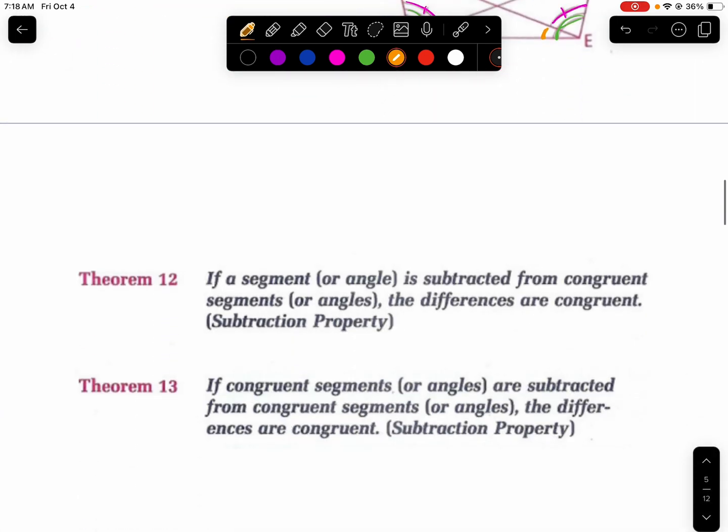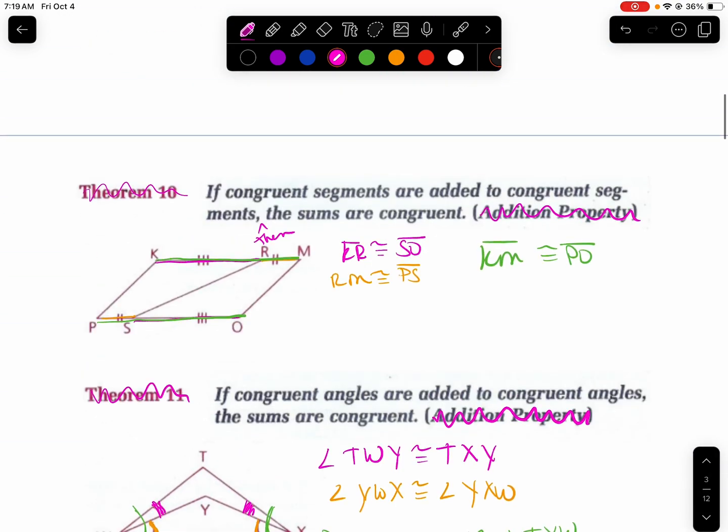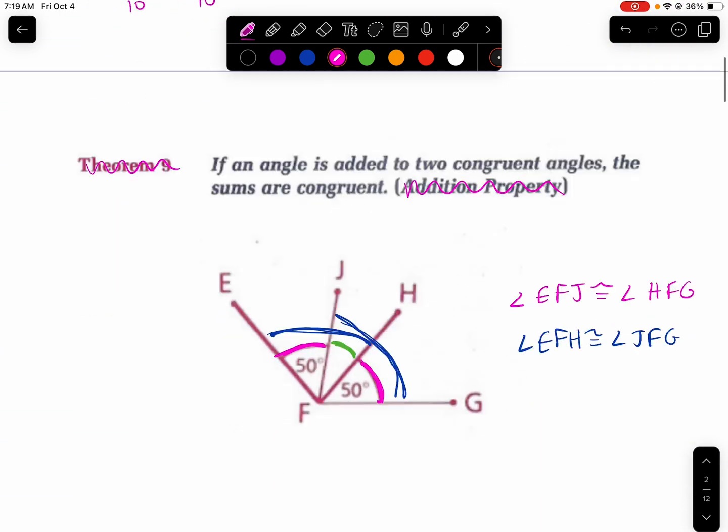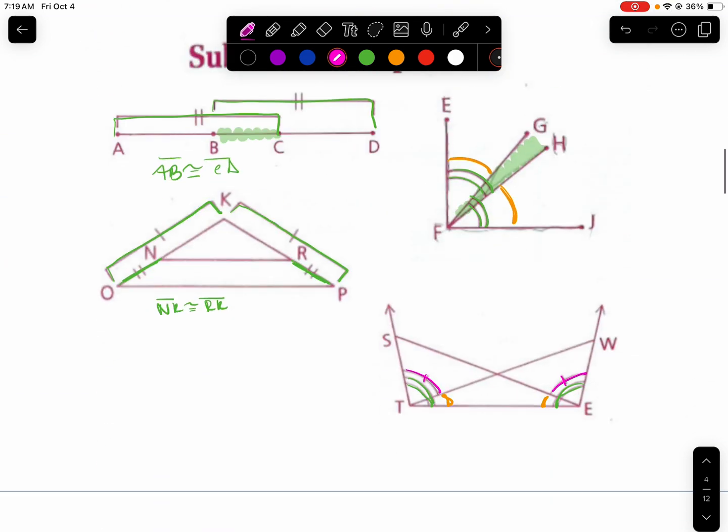So the wording. Again, we're not going to use the subtraction property or the theorem names. Up here, they broke up the addition into segments and into angles.